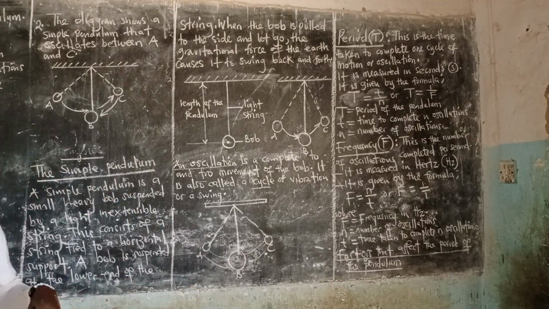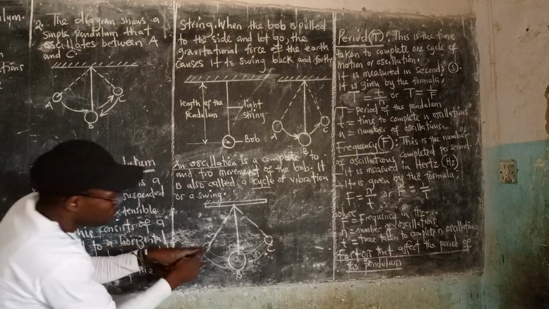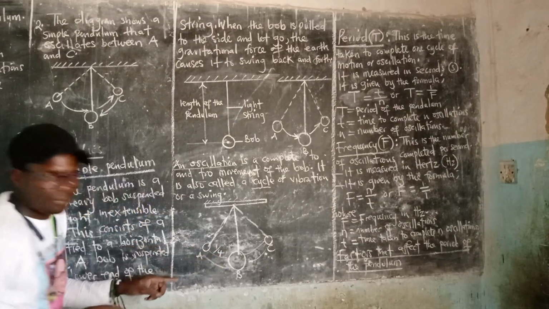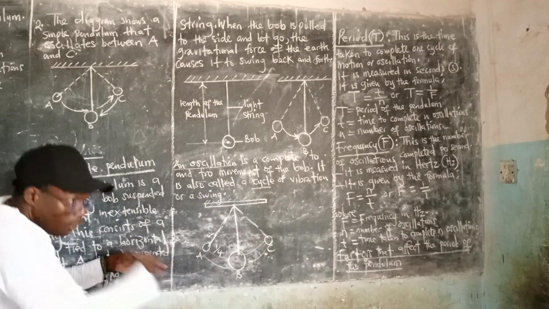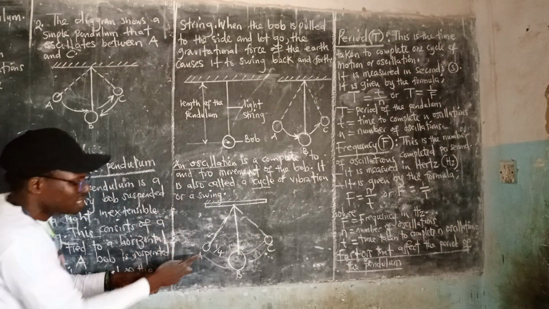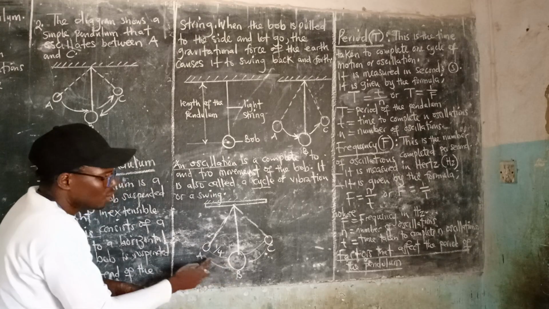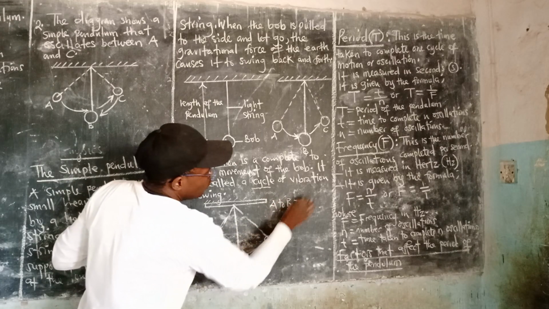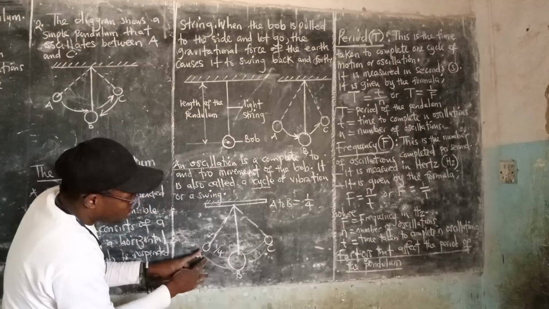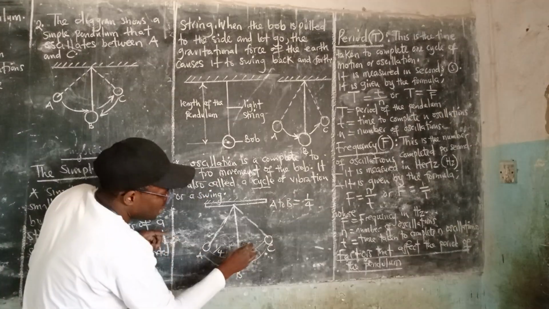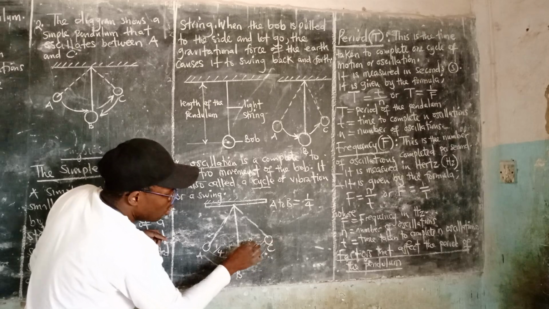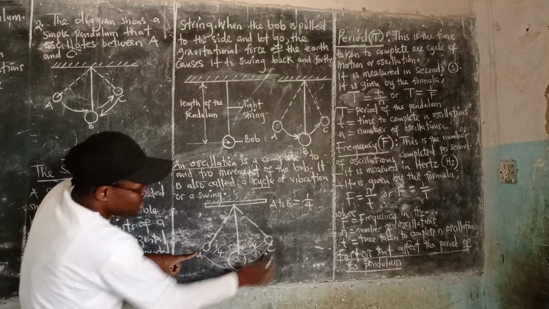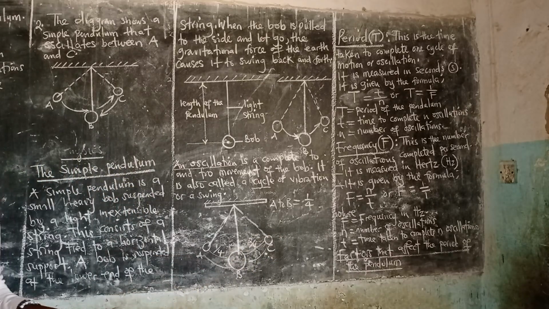So the total number of swings is 4. From A to B is 1 out of 4. What about B to C? B to C is also 1 out of 4. So A to C is 2 over 4, which is half. That means A to C is half. Do you understand?